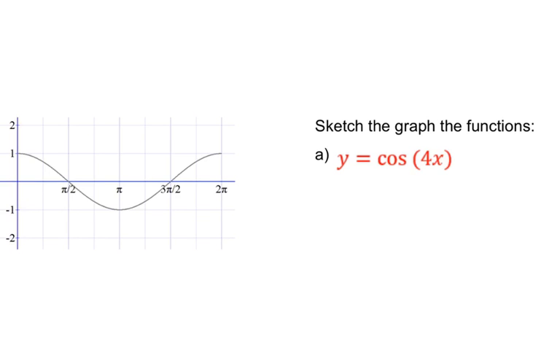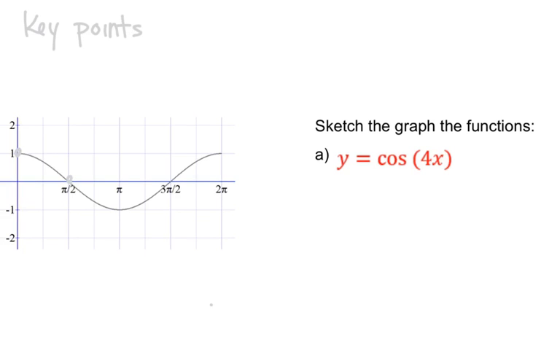So now we're going to do an example where we sketch the graph of two functions. We have an a and a b here. For a, we have y equals the cosine of the quantity 4 times x. You'll notice I've drawn my standard cosine graph, and I have my key points.